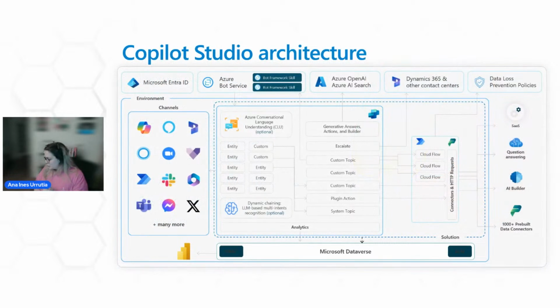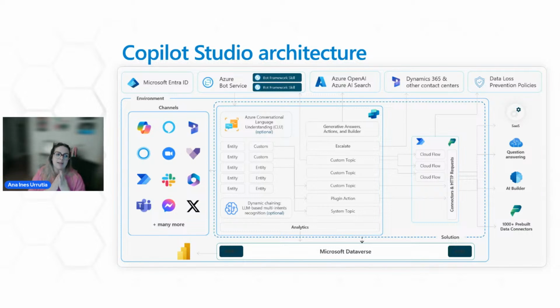And then I brought you some Copilot Studio architecture. You can see here that we have a couple of elements, but overall it's not a heavy or a very difficult architecture. What you can see, of course, are the different components and the environment where this Copilot is happening, which contains the rest of the components and contains the channels.